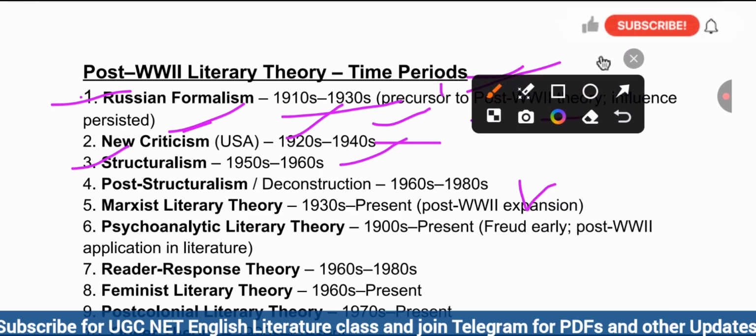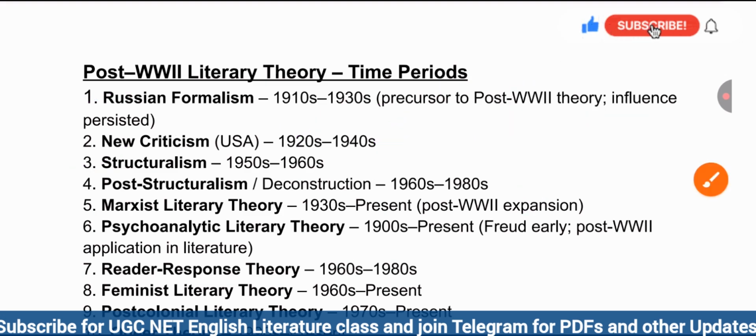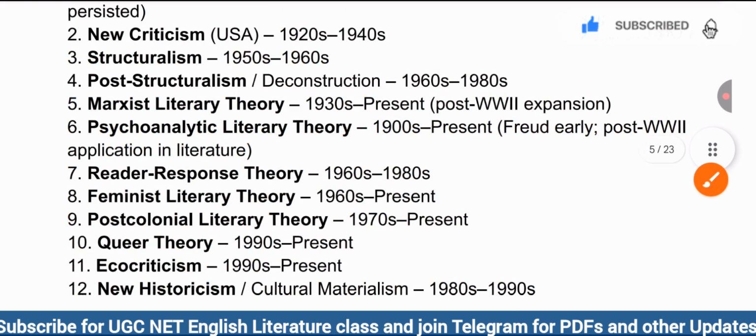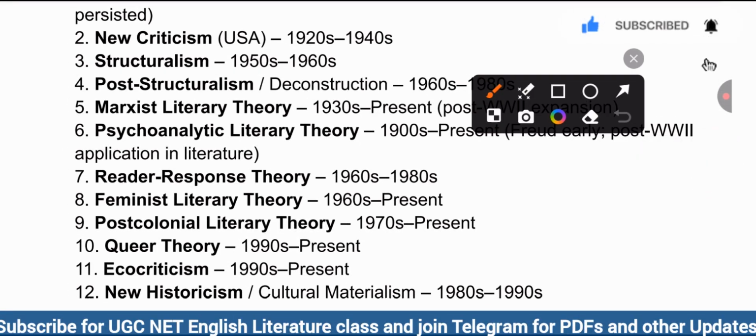Psychoanalytic theory: you can remember Sigmund Freud. Then reader response theory: we have Stanley Fish. Then feminist literary theory, 1960s to present: we can remember Judith Butler, Virginia Woolf, Elaine Showalter, Simone de Beauvoir.